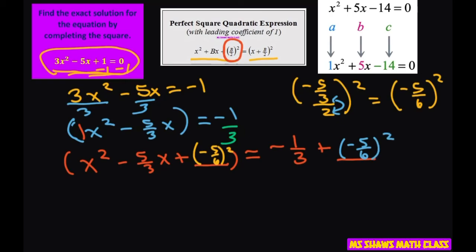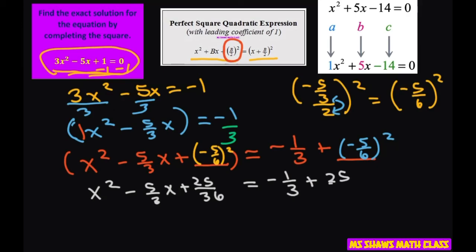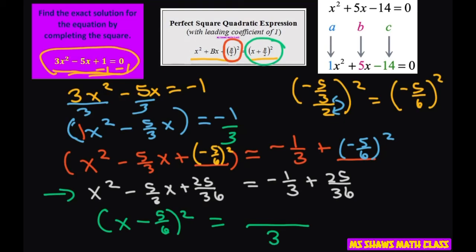So now what we have is x squared minus 5/3 x plus 25 divided by 36 equals negative 1/3 plus 25 divided by 36. Since I have a perfect square trinomial here, I can condense it and write it this way. So I can write this as x minus half of 5/3, which is 5/6, squared equals, and now I need a 36 for a common denominator.